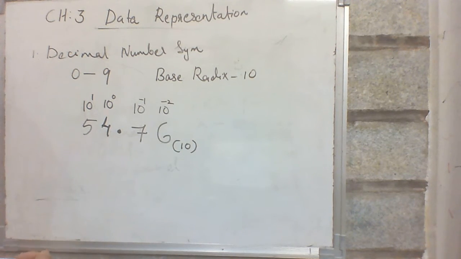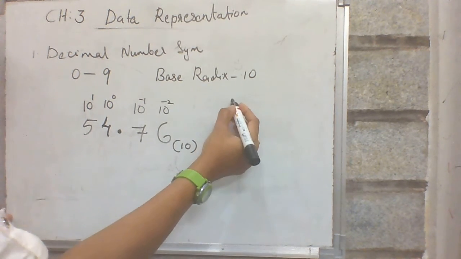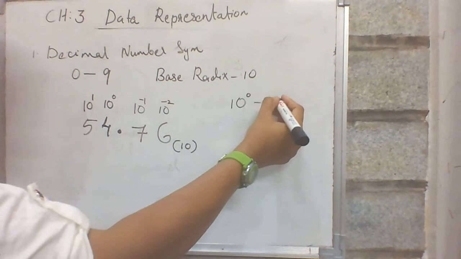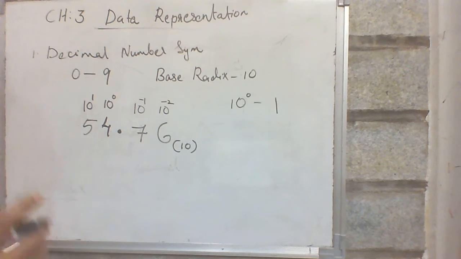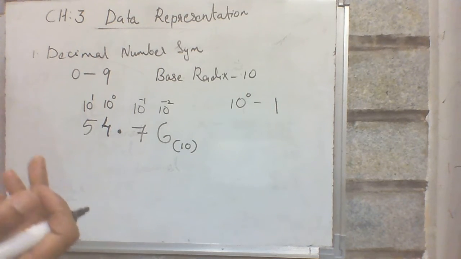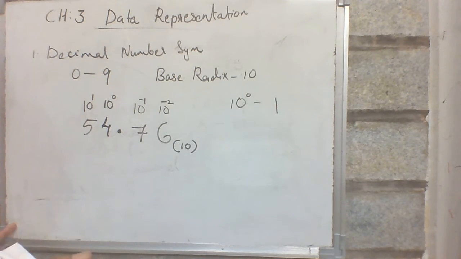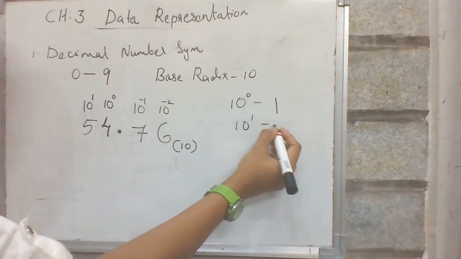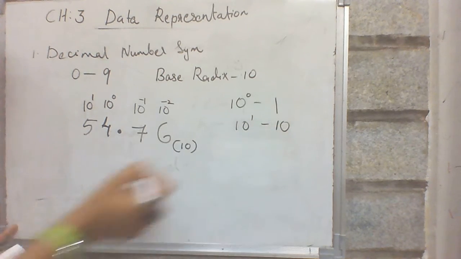What is the value of 10 to the power 0? 10 to the power 0 is equal to 1. Any value to the power 0 is equal to 1: 2 to the power 0 is 1, 3 to the power 0 is 1, 10 to the power 0 is 1. Then 10 to the power 1 is equal to 10.